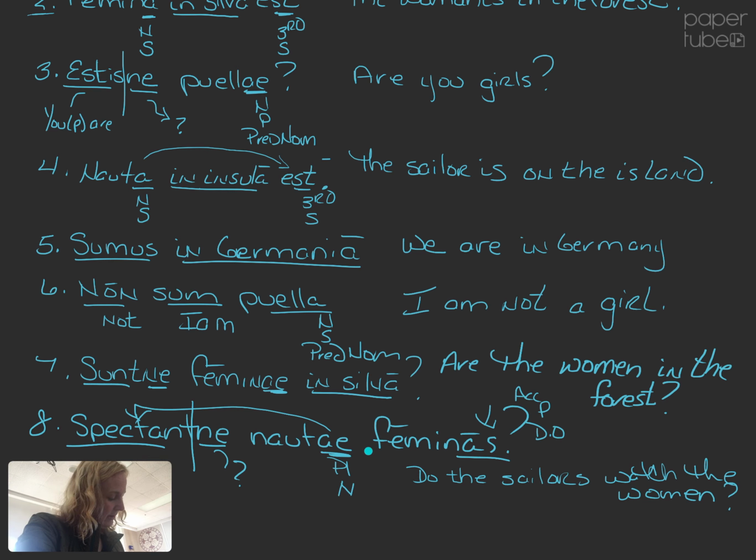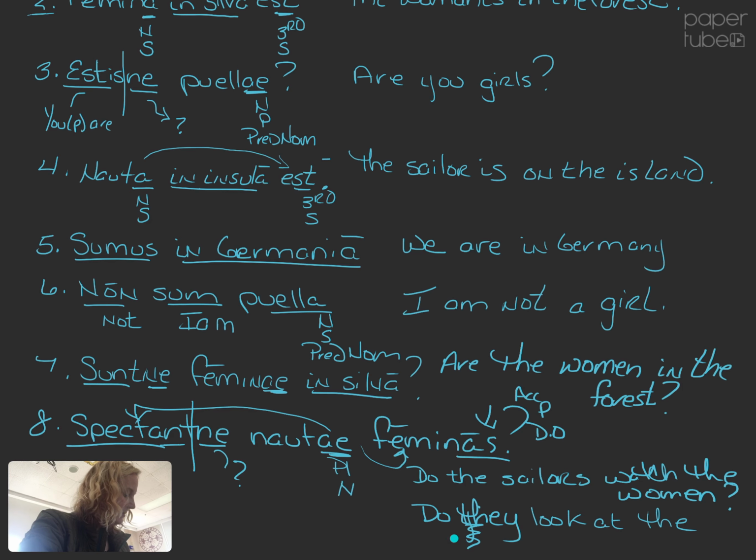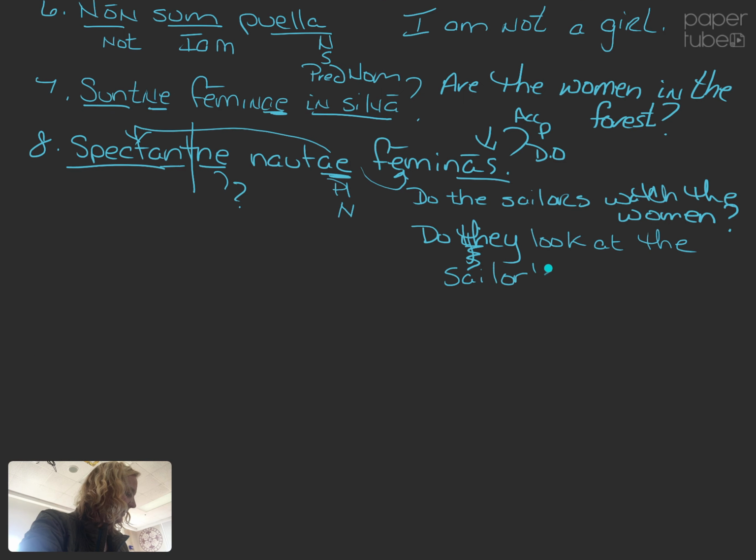Technically, I could also have this as a genitive. Do they, because of the aunt, do they look at the sailor's, singular, possessive, women? I think we could argue more for the first one. If we wanted to have no doubt that it was the sailors watching the women, we could make the nautae our first word. Nautae spectant feminas.